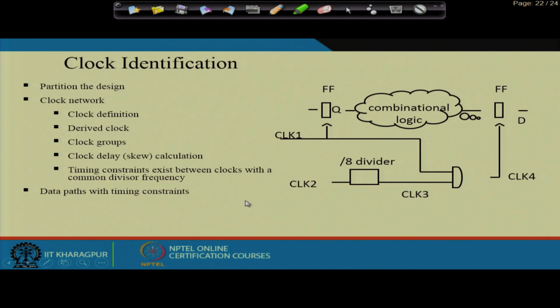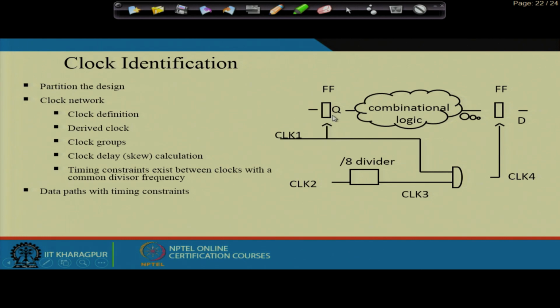Now, clock identification. In one particular design, it may happen that the flip flops are driven by different clocks.